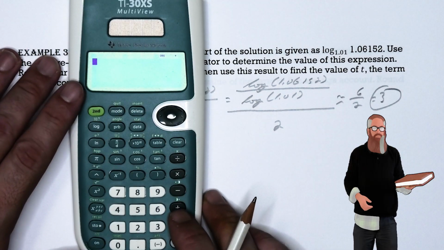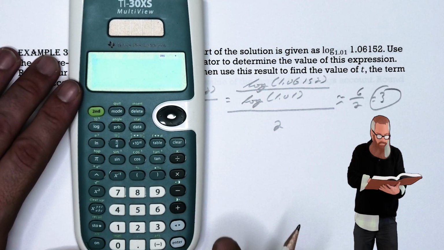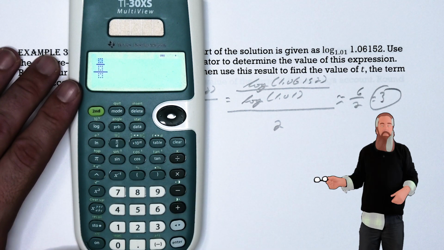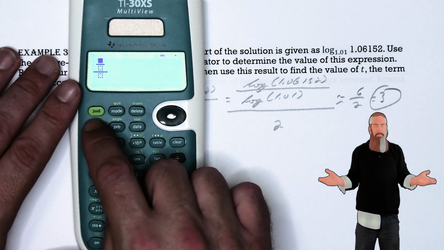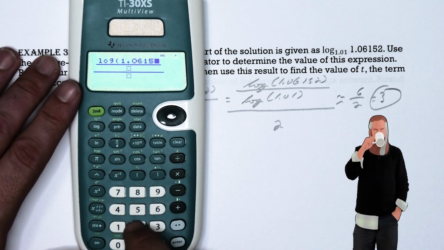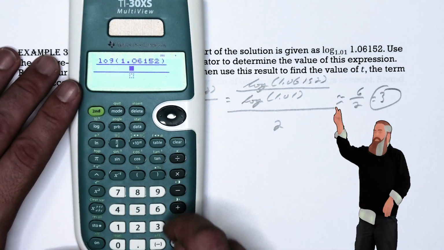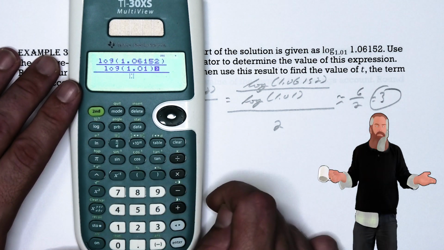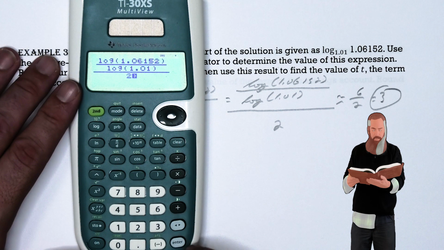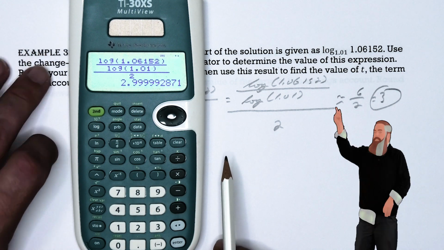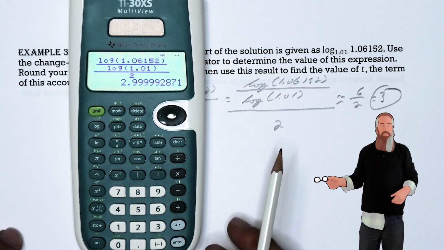On a more sophisticated calculator, such as the TI-30XS, I could use the fraction button and put a fraction in the numerator. From there, I can say log 1.06152, close that parenthesis, and go down arrow. Log 1.01, close the parenthesis, down arrow, 2, and hit enter. Now that's 2.999992871, that's still approximately 3.